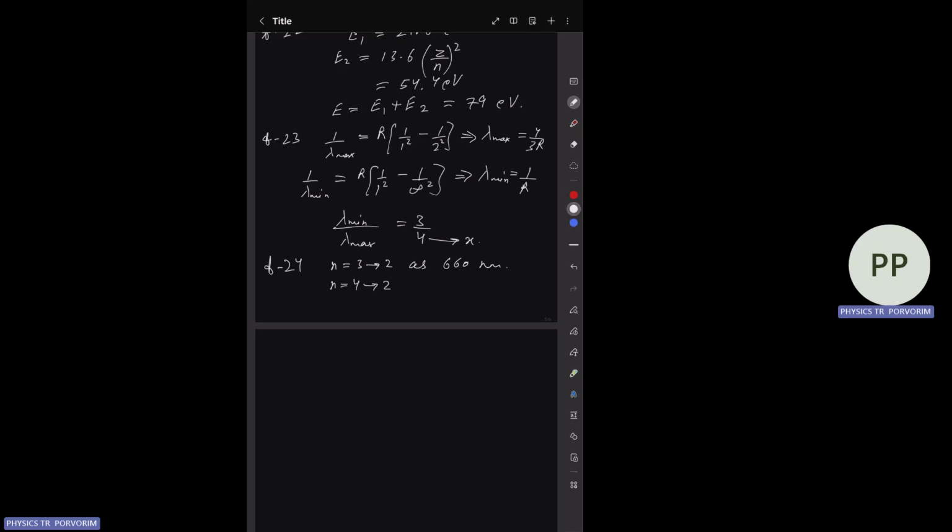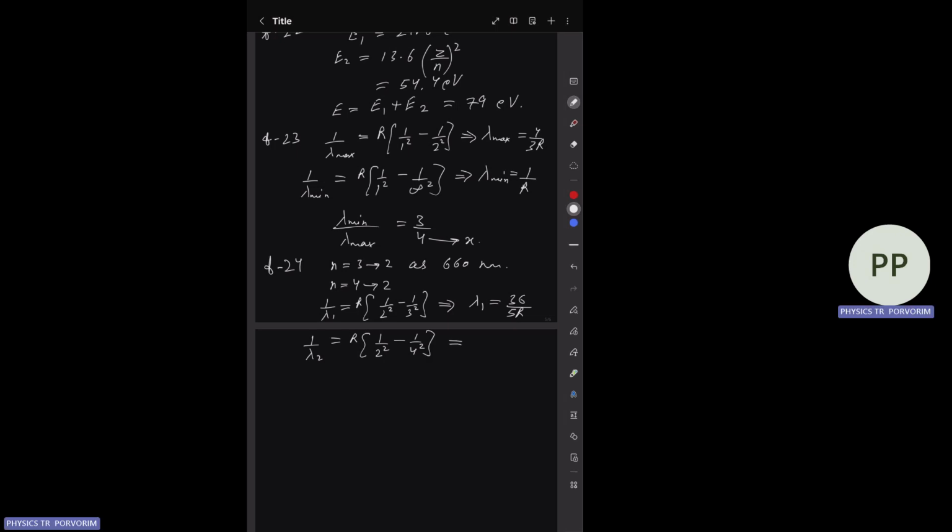So we know that 1/lambda 1 can be written as R (1/2² − 1/3²). So from here, lambda 1 will be equal to 36 by 5R. Okay. Similarly, for lambda 2, it will be R (1/2² − 1/4²).